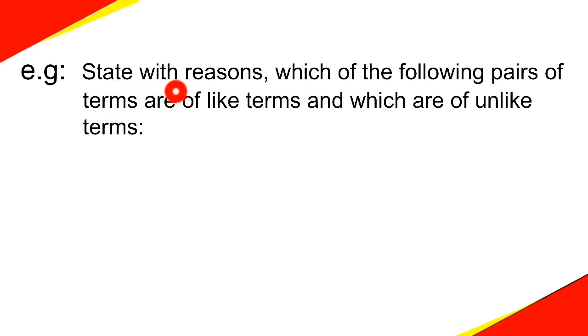Here we can see some examples regarding unlike terms. State with reason which of the following pairs of terms are like terms and which are unlike terms. First, 7x, 12y.